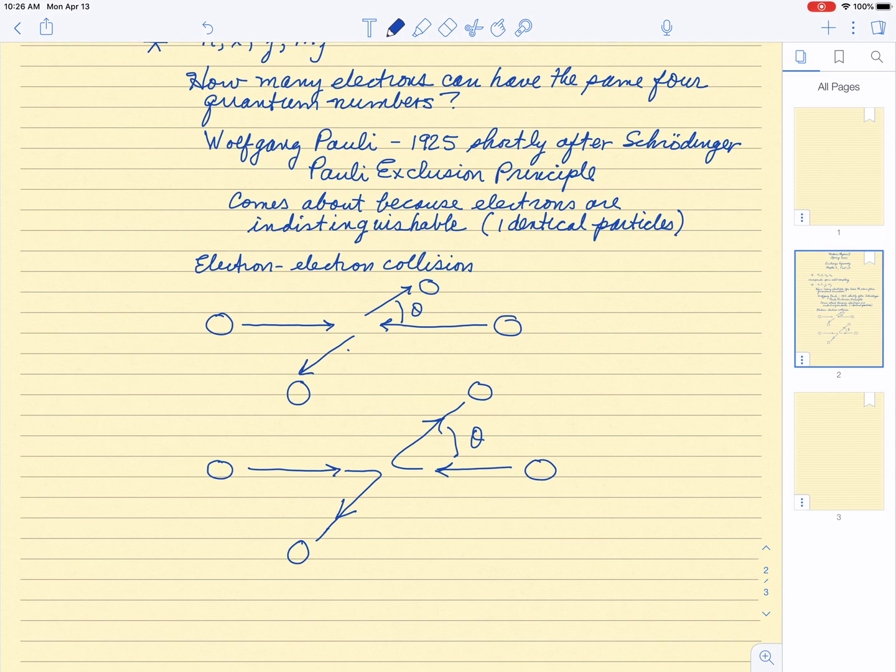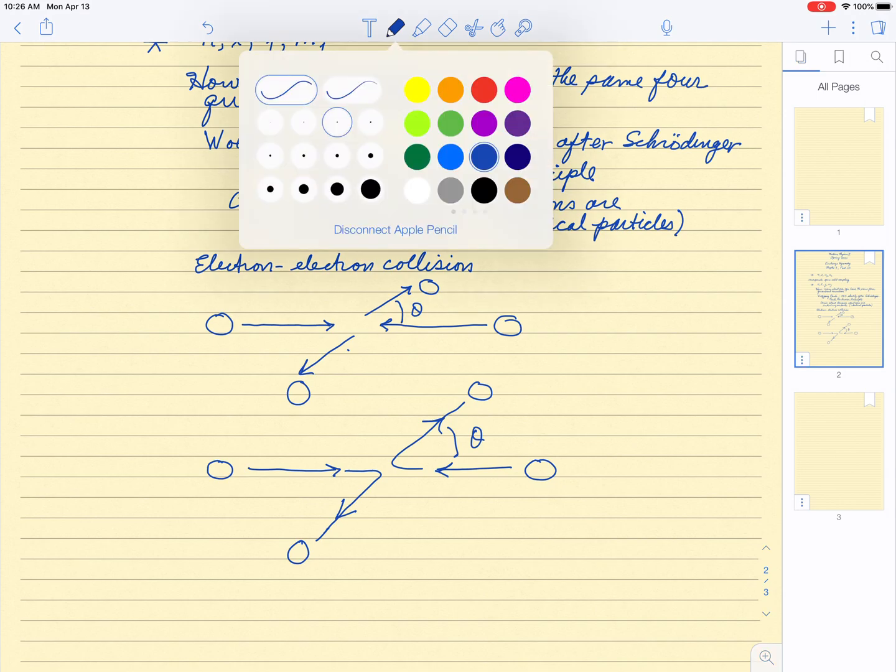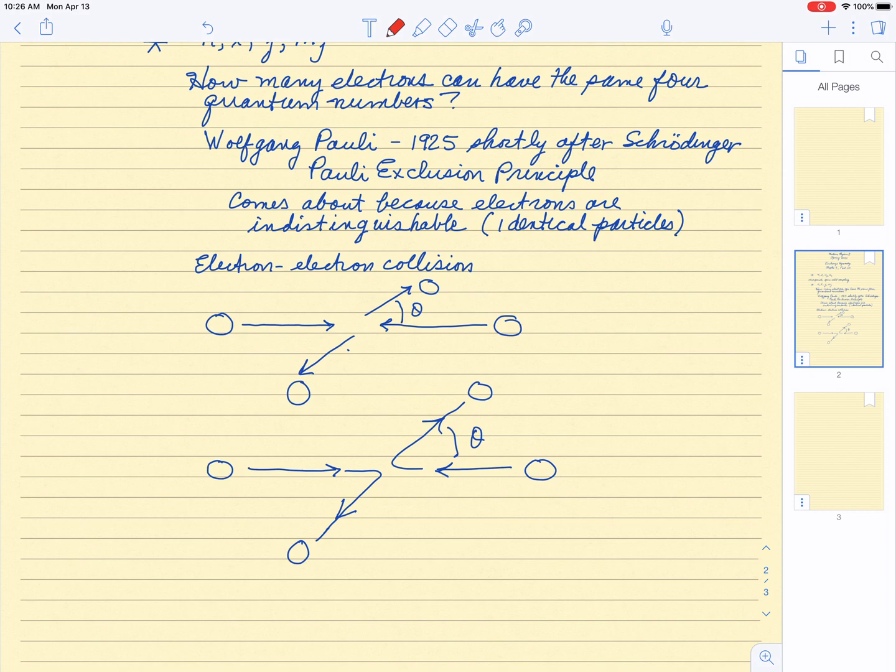So during this process, when they get very, very close, we can't tease that apart. And again, that's due to some Heisenberg uncertainty relationships. So the bottom line is that identical particles cannot be told apart in any way.